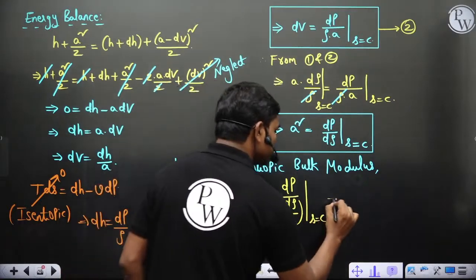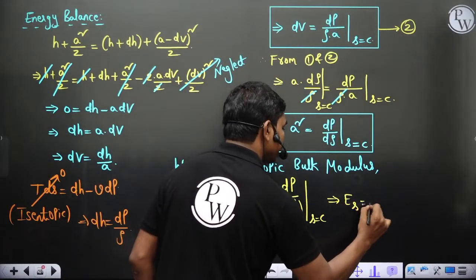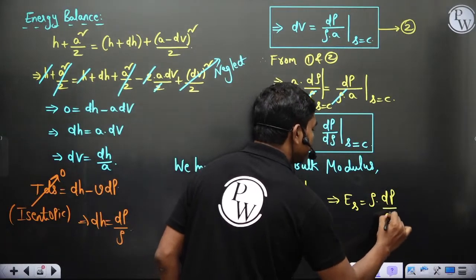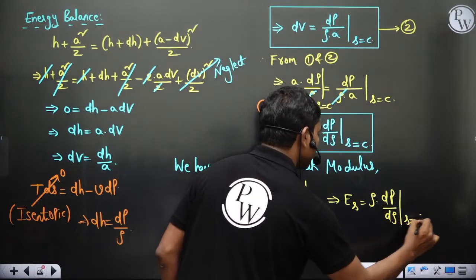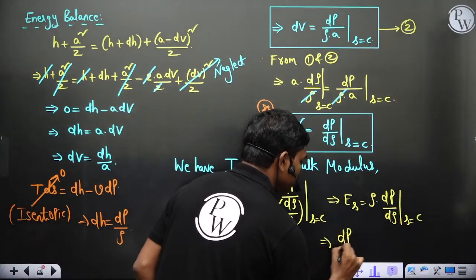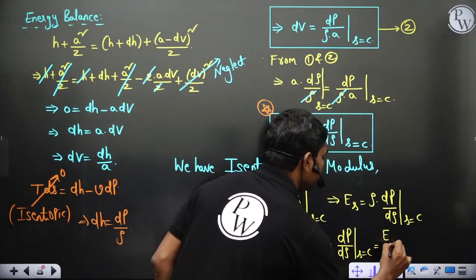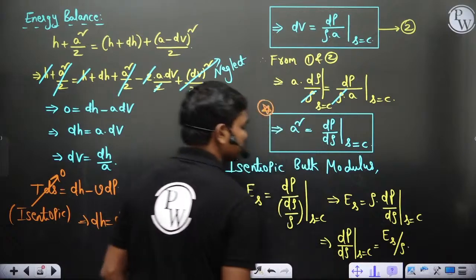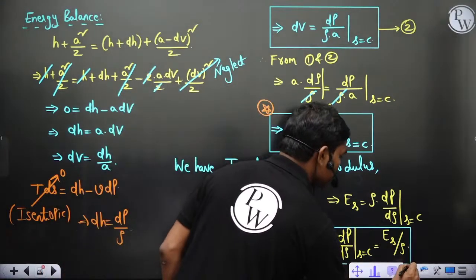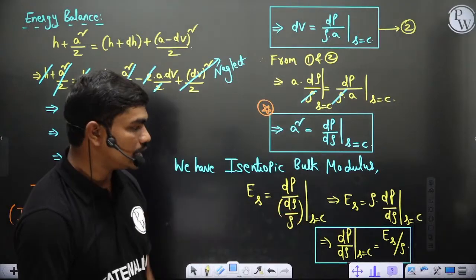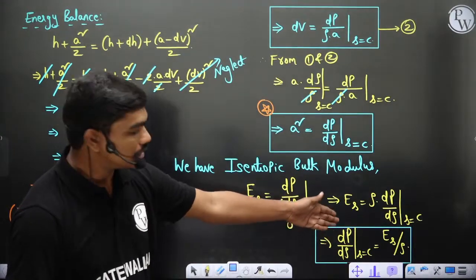So Es is equal to rho into dp by d rho at isentropic conditions, and dp by d rho at isentropic conditions is equal to Es divided by density. So dp by d rho at isentropic conditions is adiabatic bulk modulus divided by density.